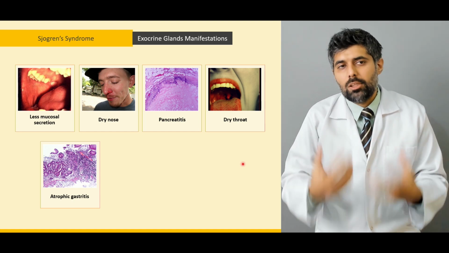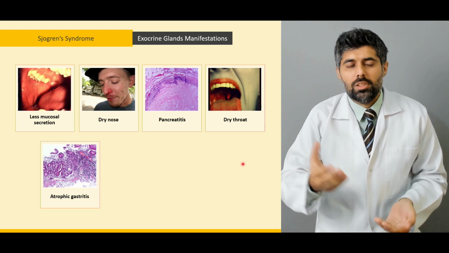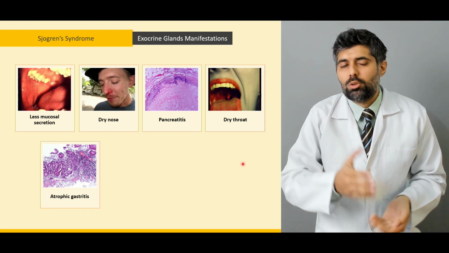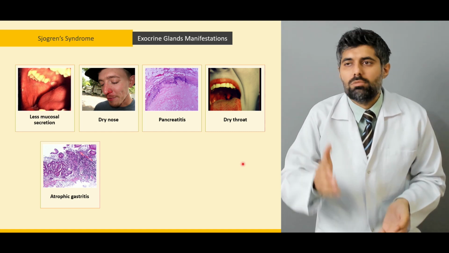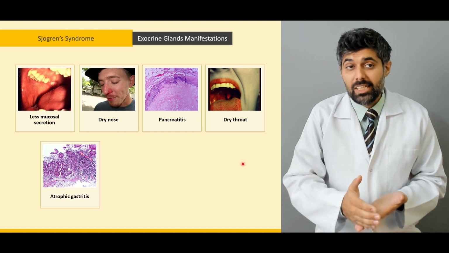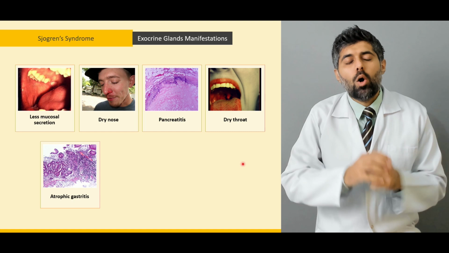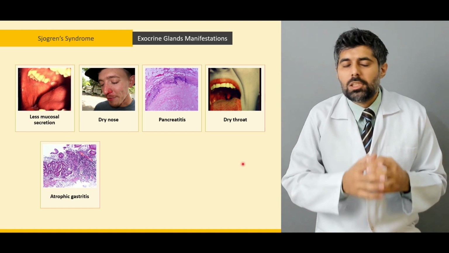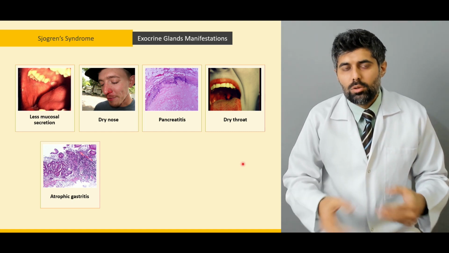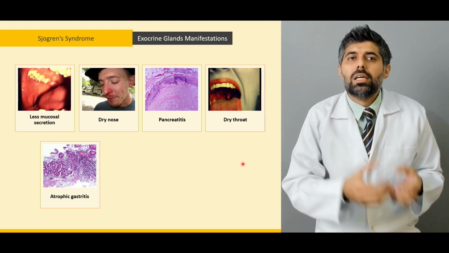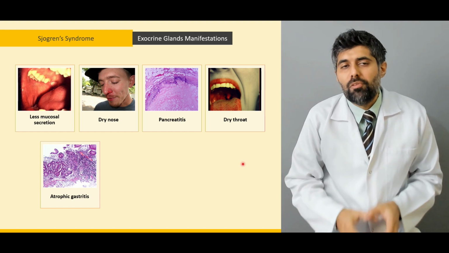And because of this atrophic effect, the stomach's ability to produce the protons, the chlorides, the HCl, in other words, the pepsin, is completely destroyed. So the effect of the stomach in digestion is severely hindered.